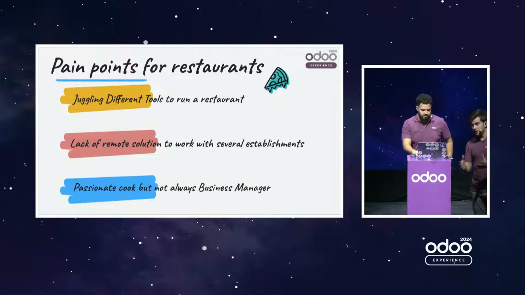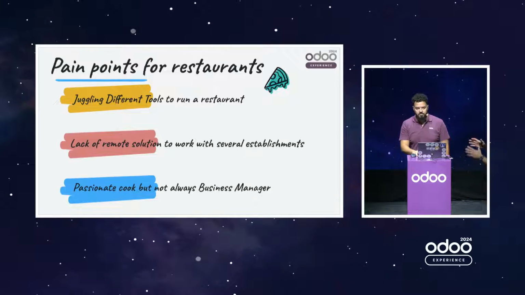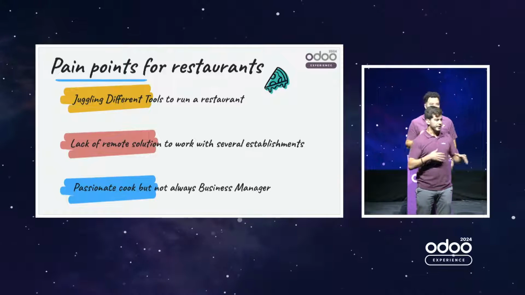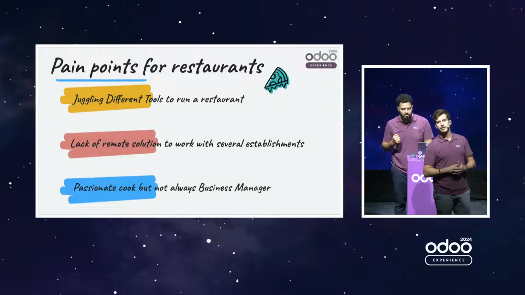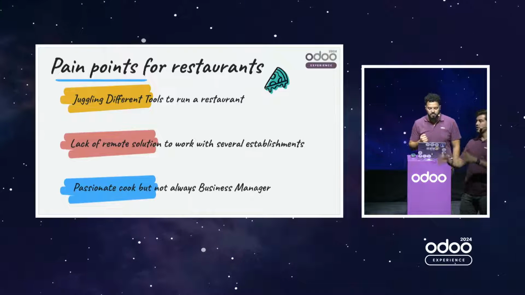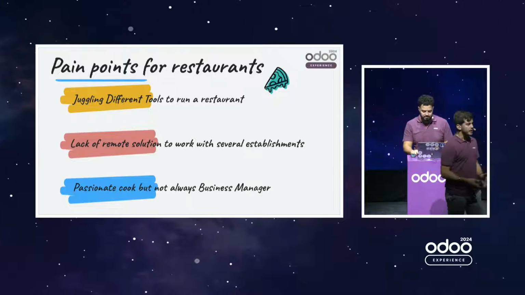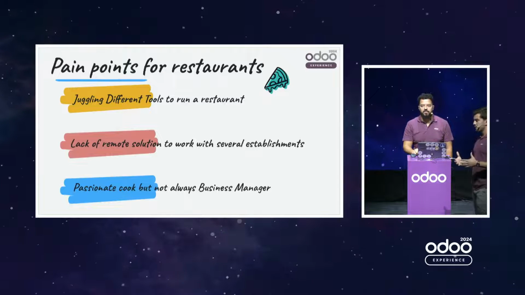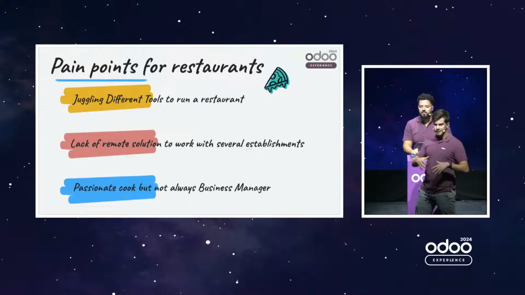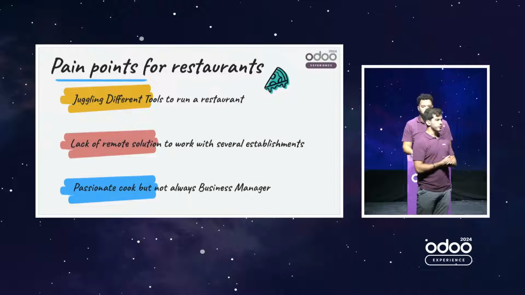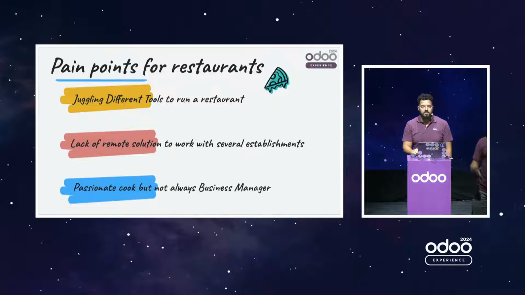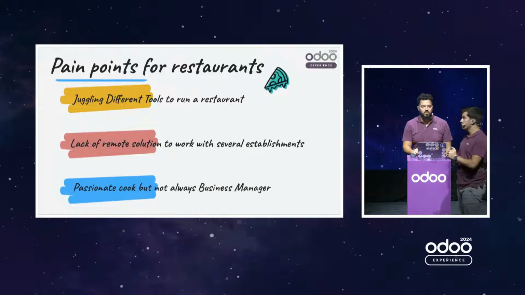They are small companies, and we saw that most of them have a pain point: they are juggling different software for their accounting, QR code, website, and so on. They also met another problem, which is that few solutions could propose managing a restaurant remotely.